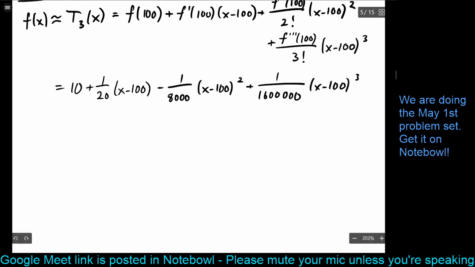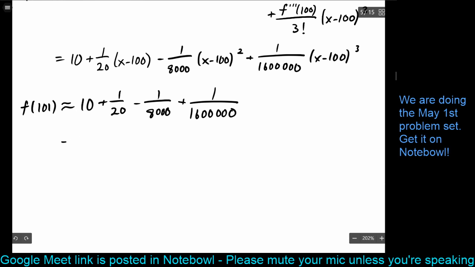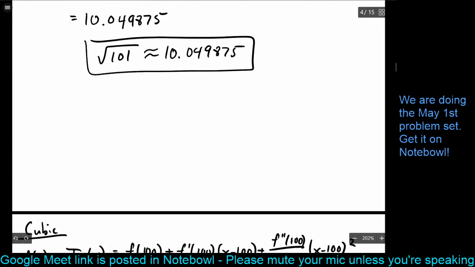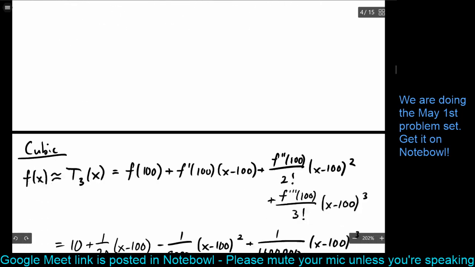All right. So that means f of 101 is approximately 10 plus 1 over 20 minus 1 over 8,000 plus 1 over 1.6 million. Whatever that is. Right? So that's 10 plus 0.05 minus 0.000125. I think that was it. Did I get that right? 125, yep.